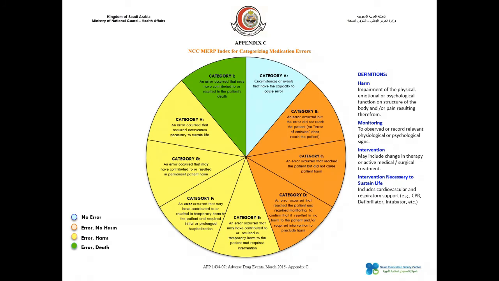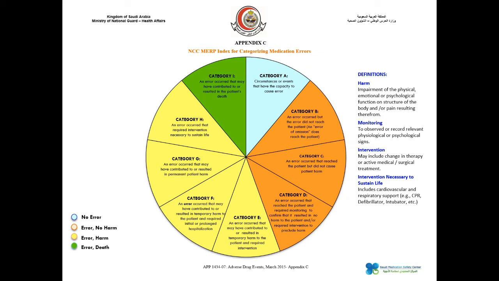So this slide shows the categories of medication errors. Category A and category B are errors that did not reach the patient. Category C and category D reached the patient but did not cause any harm at all.